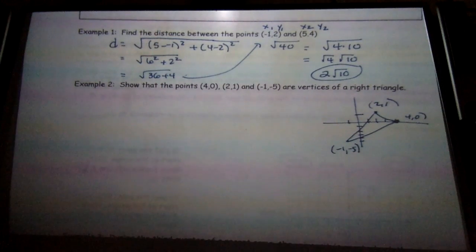So I did a rough sketch. It sort of looks like a right triangle, but how can we mathematically prove it? Any ideas?